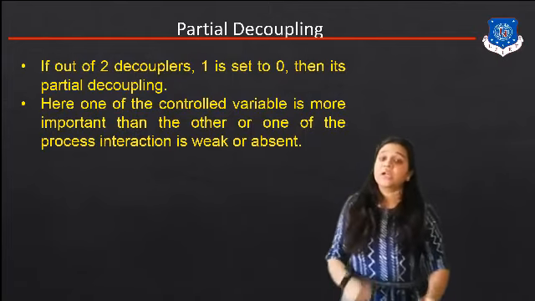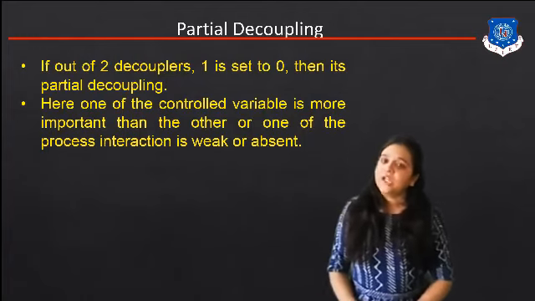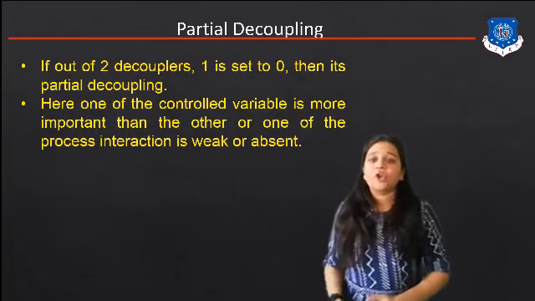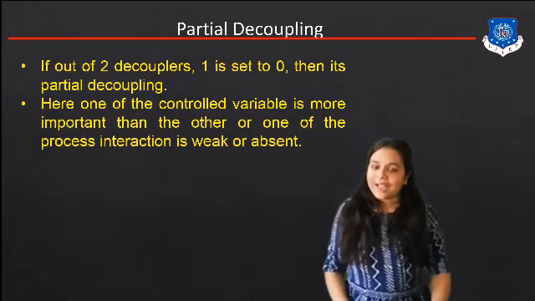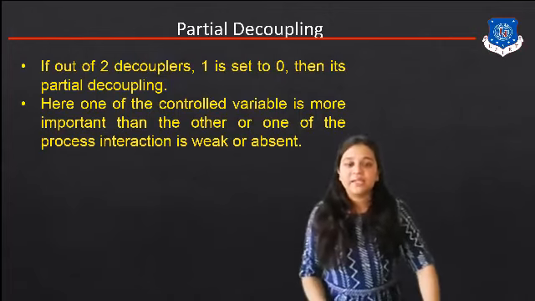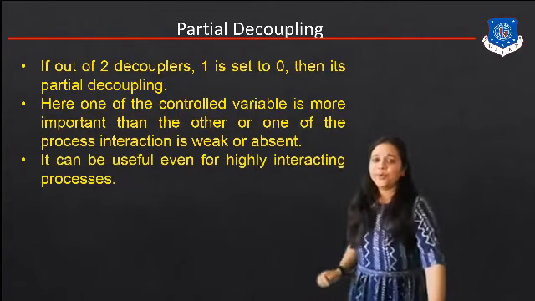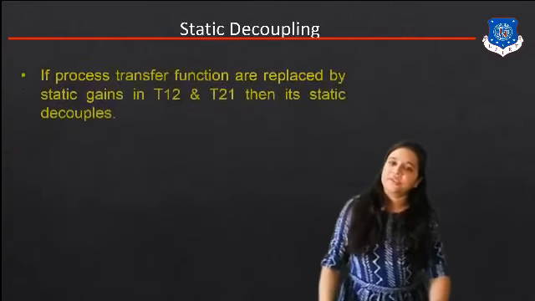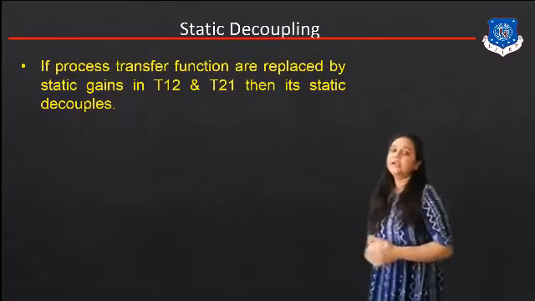So what is the condition of partial decoupling? If out of the two decouplers, one is set to 0 and one of the control variables is more important than the other, that time we can use partial decoupling. Now, it can be useful even for highly interacting processes. Now, the second type of decoupler is static decoupling.